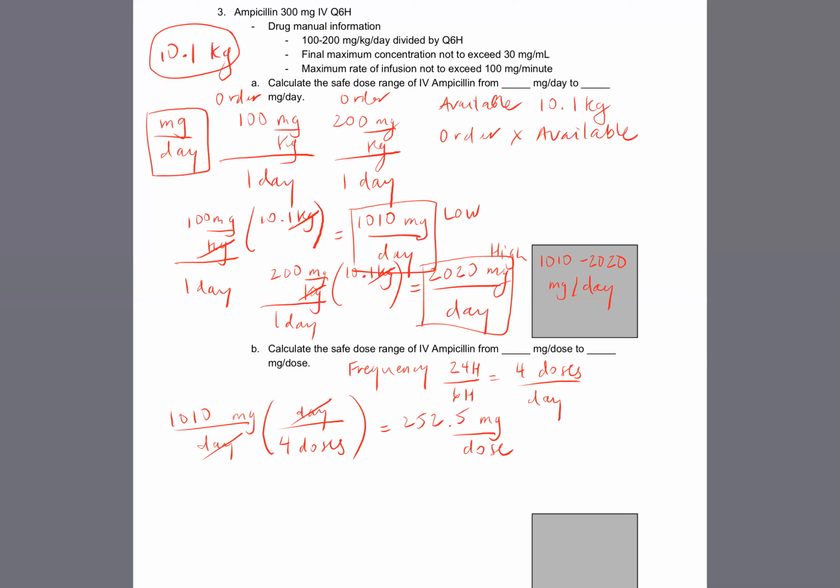And for your 2020 milligrams per day, day in the numerator, so your unit day cancels, divided by 4 doses. 2020 divided by 4 equals 505 milligrams per dose. So in your shaded box, you're going to write in 252.5 to 505 milligrams per dose for the answer for part B.